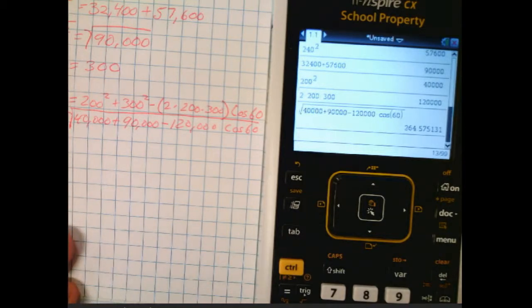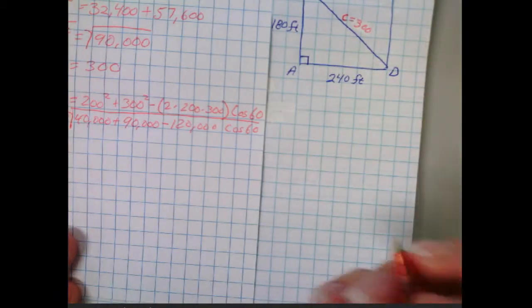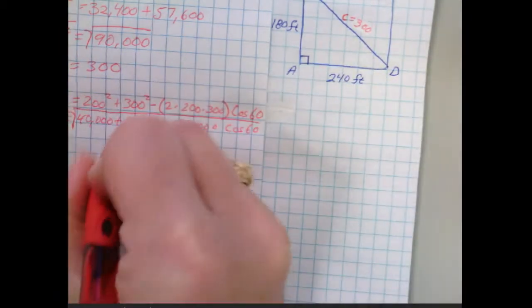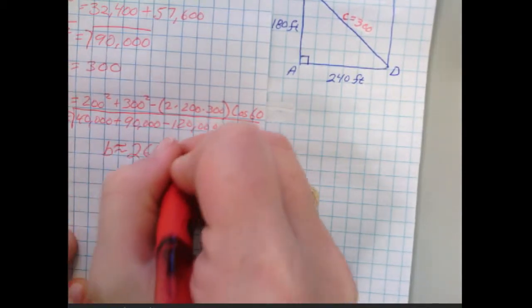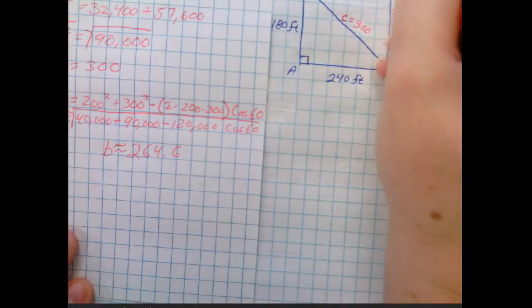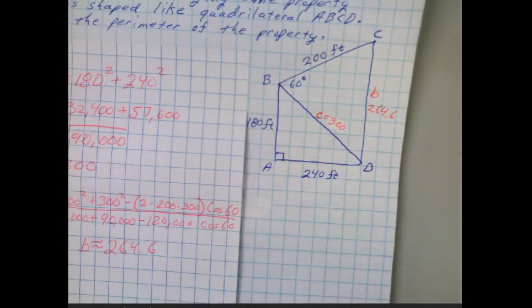We're going to go to the nearest tenth, so 264.6. So B is approximately 264.6. I'm going up to my picture and writing that in.